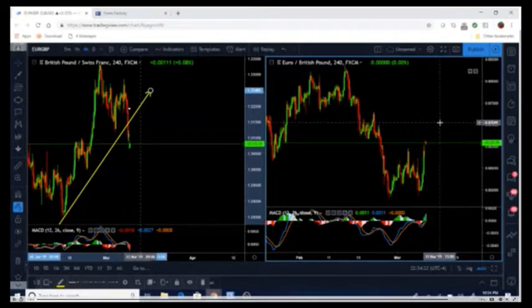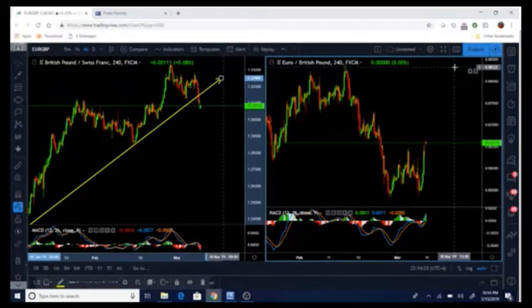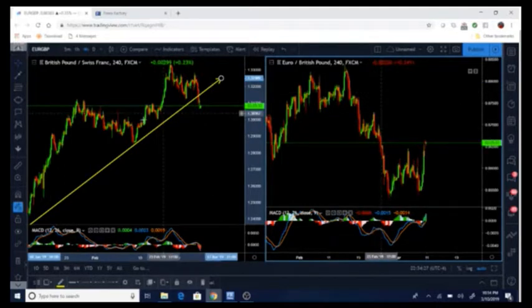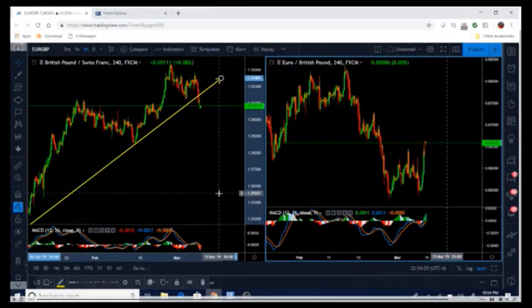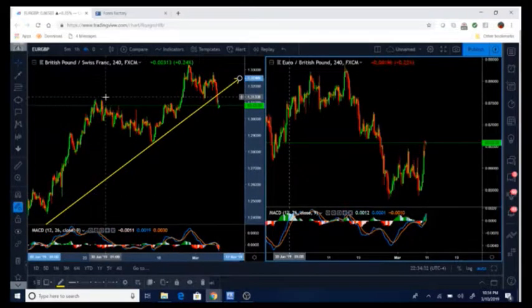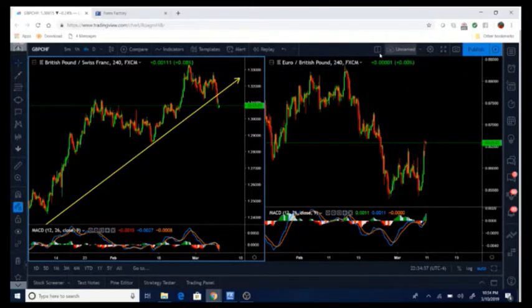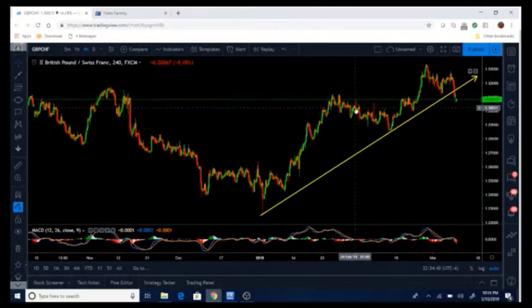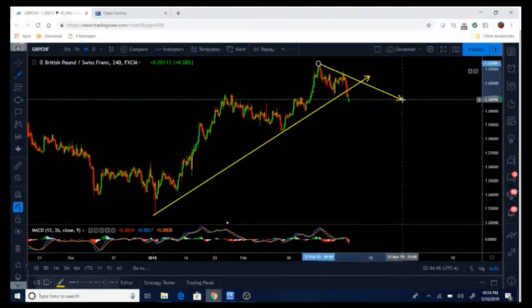If this goes up, this will definitely come down. So if we get that big uptrend for Euro Great Britain, we're going to get a big downtrend for Great Britain Swiss franc. Keep these two on your radar.